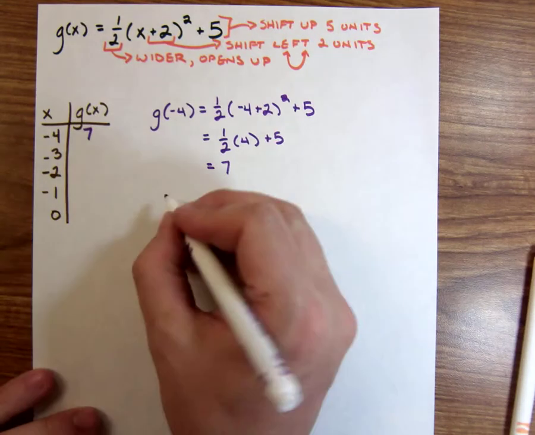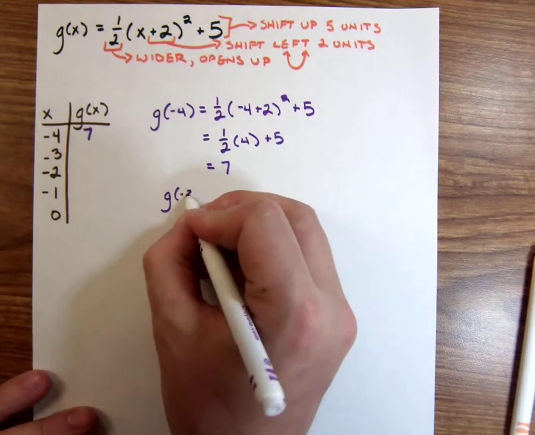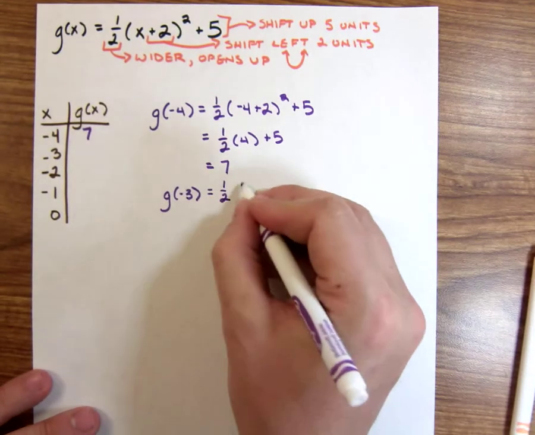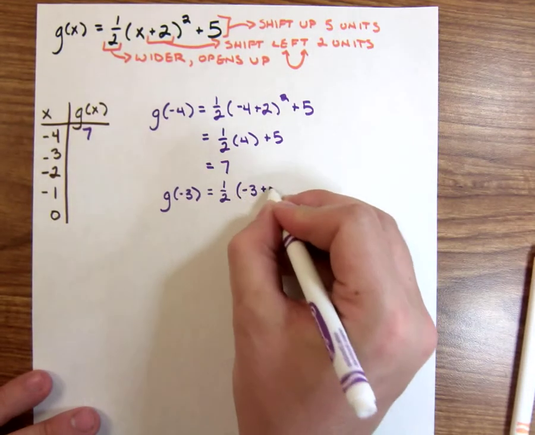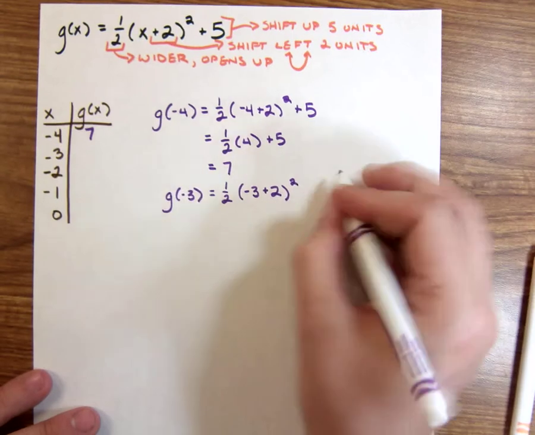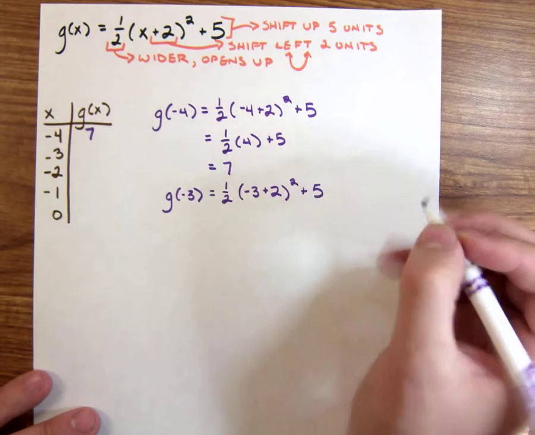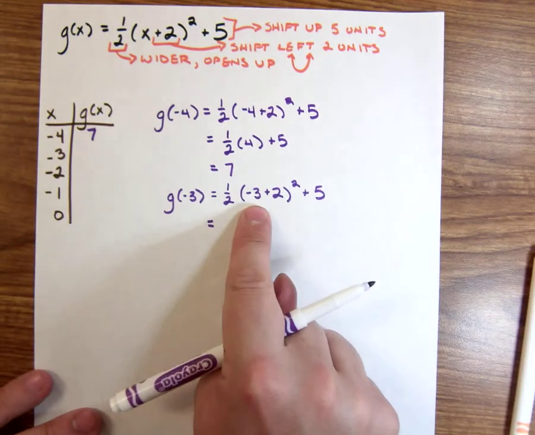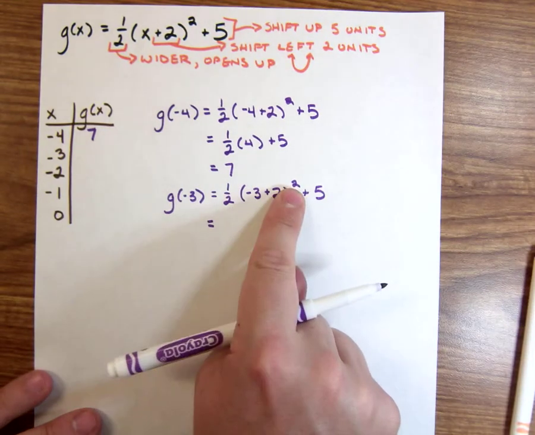Okay, let's do -3. G of -3. So 1/2 (-3 plus 2) squared plus 5. -3 plus 2 is -1. Squared, 1.